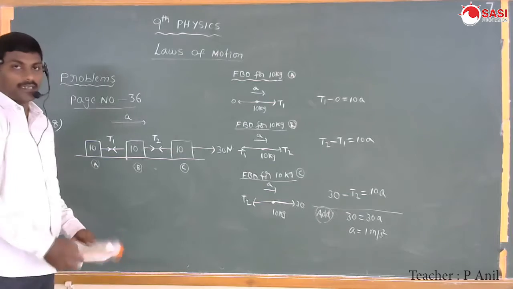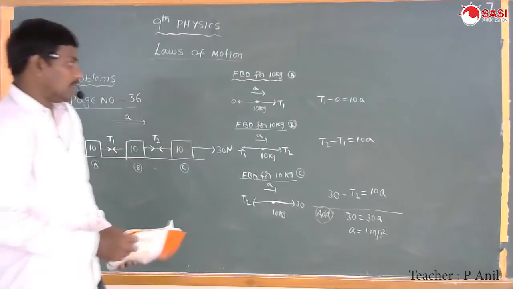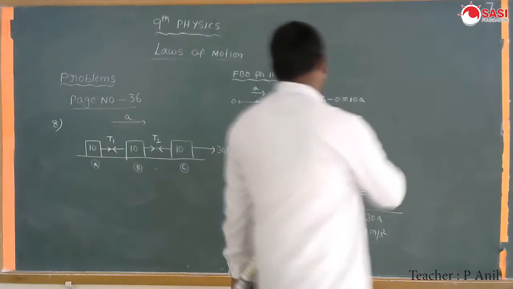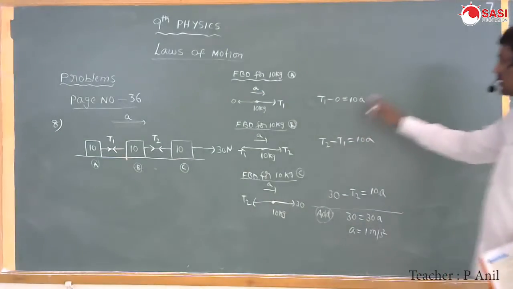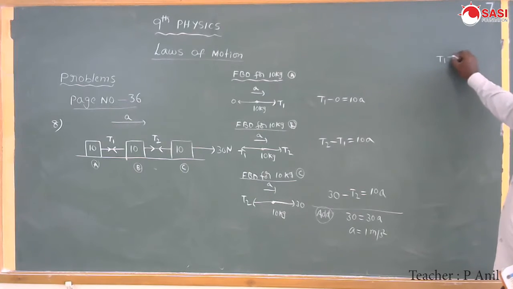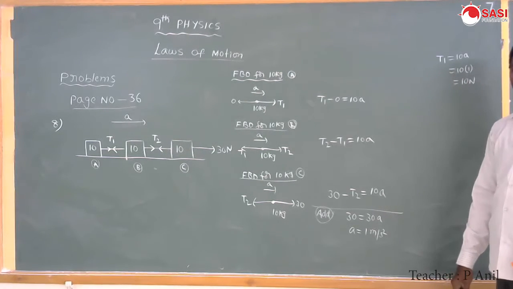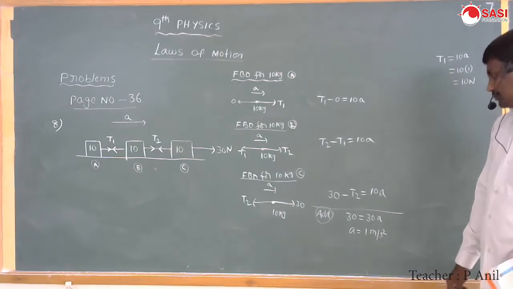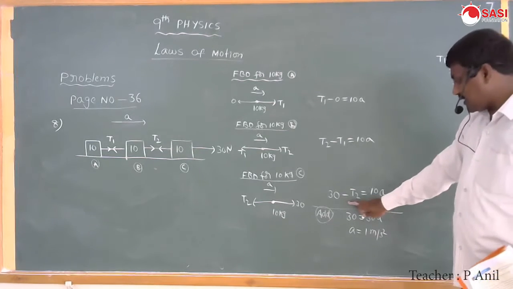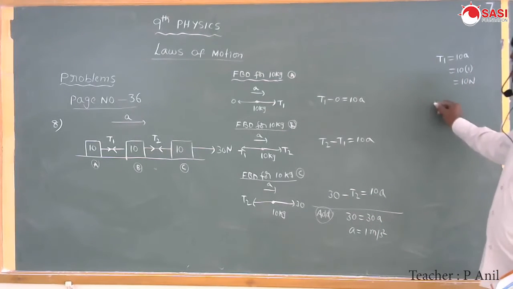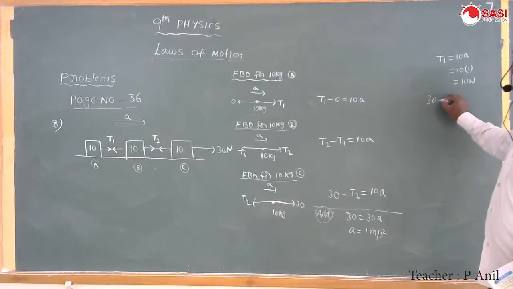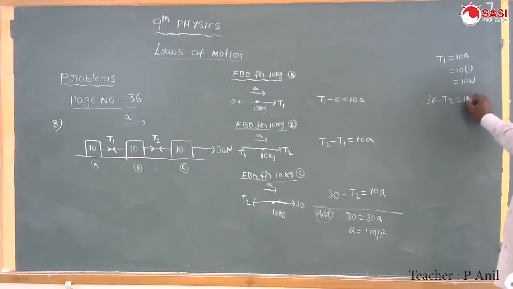Now you have to find the tensions. From this equation, T1 is equal to 10A. 10 into A, which is 1, that is equal to 10 newtons. How to find T2? From this equation, we have 30 minus T2 is equal to 10A.